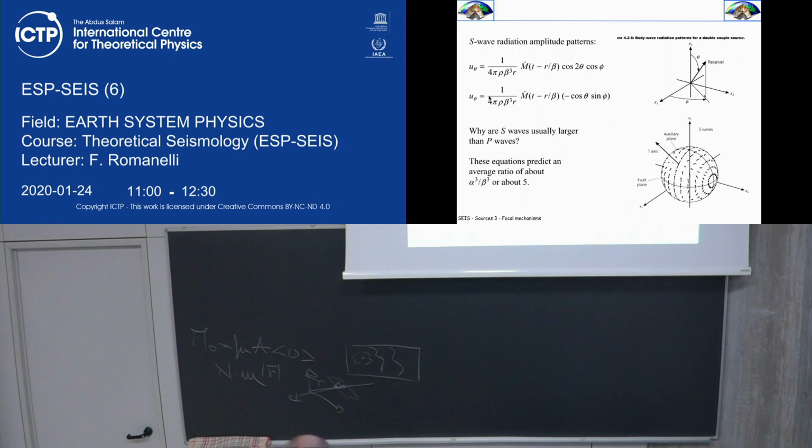How to measure the divergence of a wave field? Sorry, I'm giving you the answer. Just give it. How to measure the change of volume that is induced by a wave field? Thank you. So if you take the divergence of a wave field, you get the measure of the change of volume.